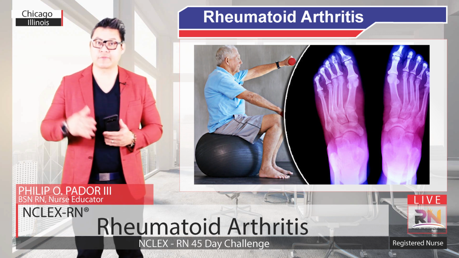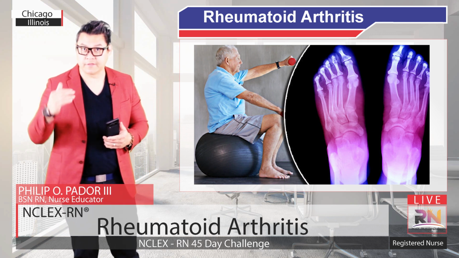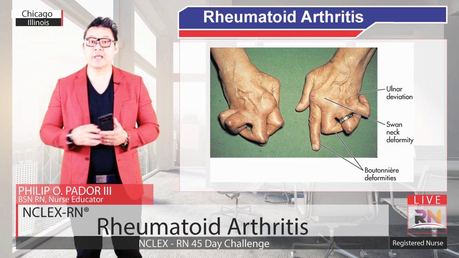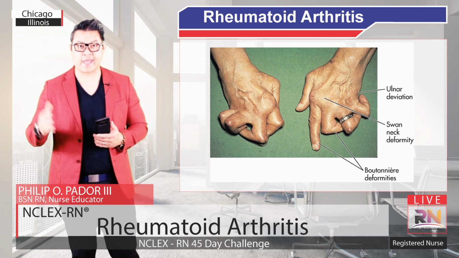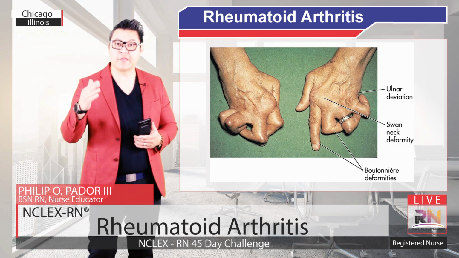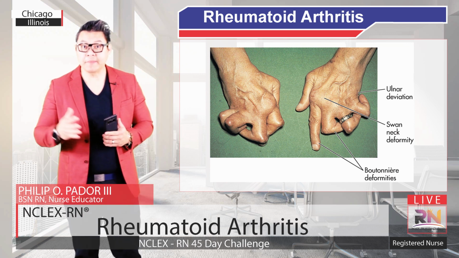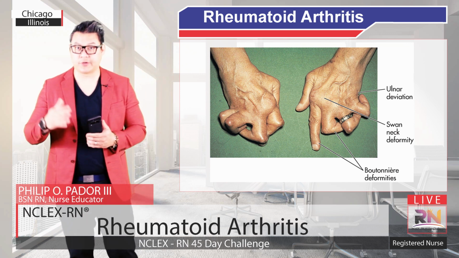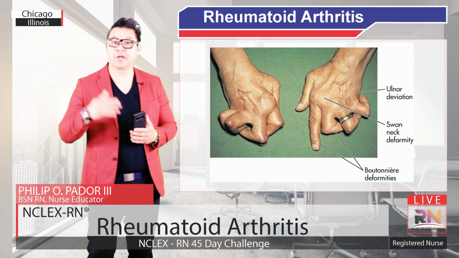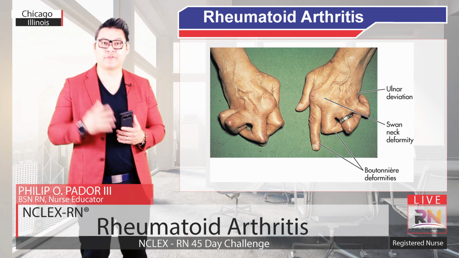People with rheumatoid arthritis may develop specific deformities, usually of the metacarpophalangeal joints of the hand, such as the ulnar deviation of the fingers. Deformities are also common in the interphalangeal joints, such as the so-called boutonniere, or buttonhole, deformity.